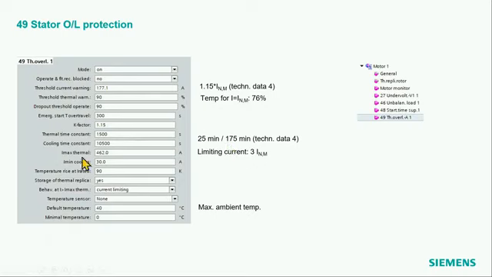And then we have a setting limiting current for this thermal image. Again, the idea is, if I have a short circuit or a prolonged starting, I don't want to trip the starting with this function here. The functions work independently of each other. And it might happen that if I get a very high current here, I drive the temperature up too high. Again, the thermal models are all an approximation, because we don't get it more clearly from the motor manufacturer.